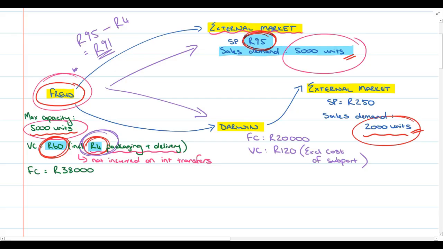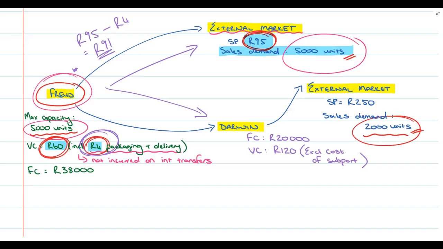In all of the previous examples, the Freud division had some spare capacity. So because they had spare capacity, they could afford to transfer those units at a lower price. However, now that they don't have any spare capacity, they need to make sure that the transfer results in exactly the same profit as if they had sold those units externally.